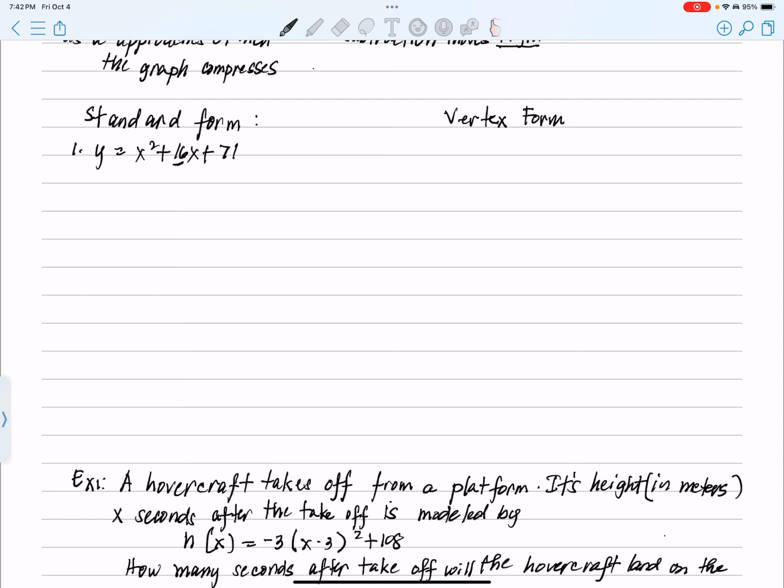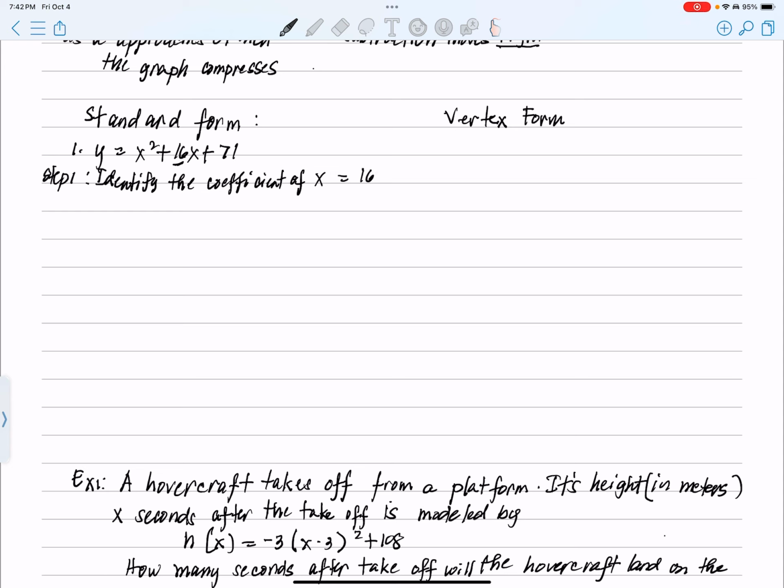So the first step, I will write step 1. Identify the coefficient of x. So in this case here, our coefficient of x is 16.